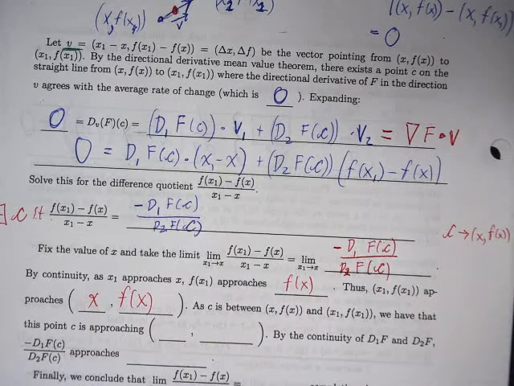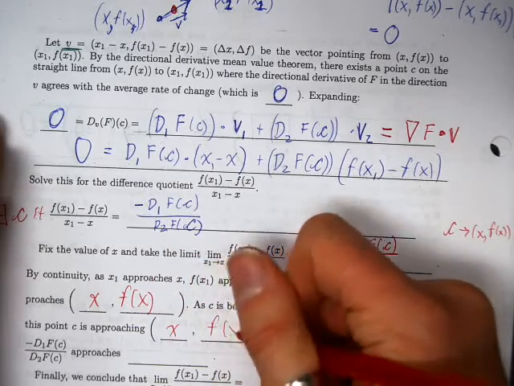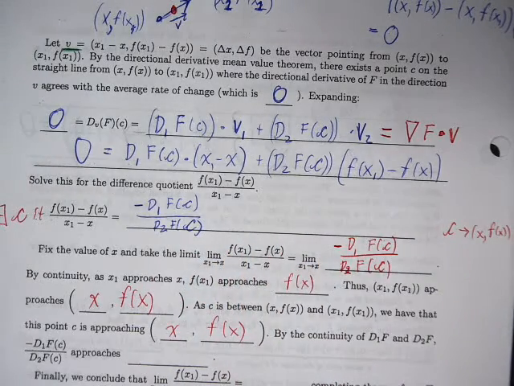C is a point strictly between those two points, so it should be even closer, maybe not by much, but closer. So the point c is also getting close to (x, f of x). d1 F and d2 F are continuous, and d2 F is never 0 by assumption.